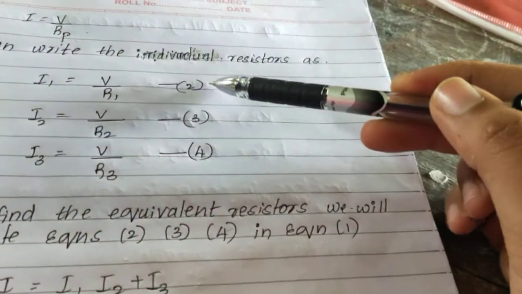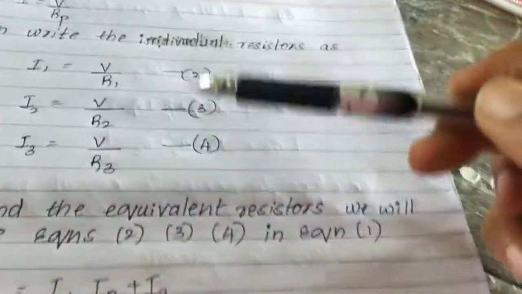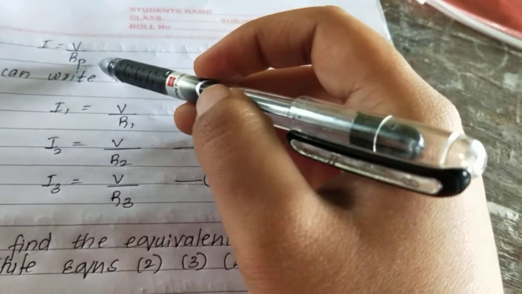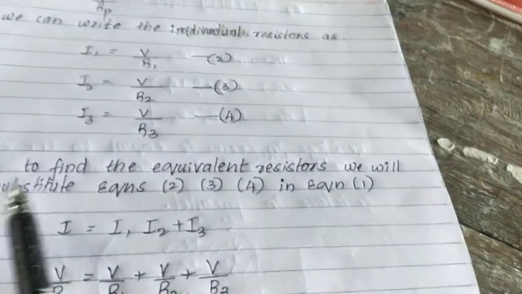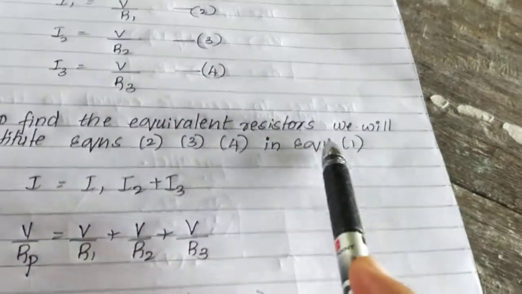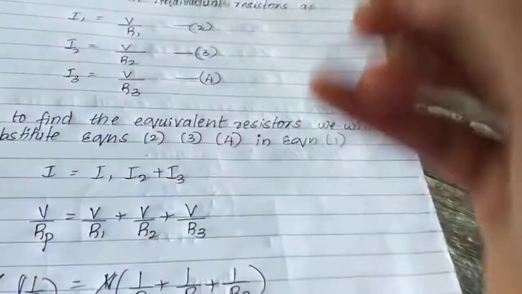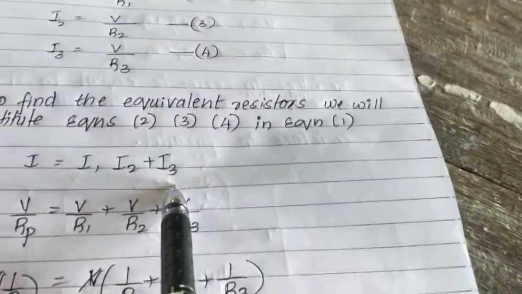We take these as equations 2, 3 and 4. Now we want the value of the equivalent resistance, so we substitute equations 2, 3 and 4 in equation 1, that is I is equal to I1 plus I2 plus I3.